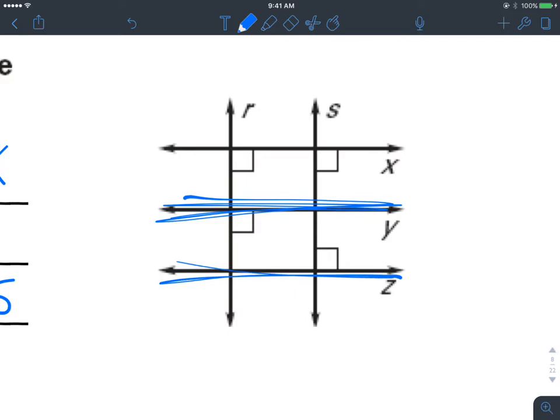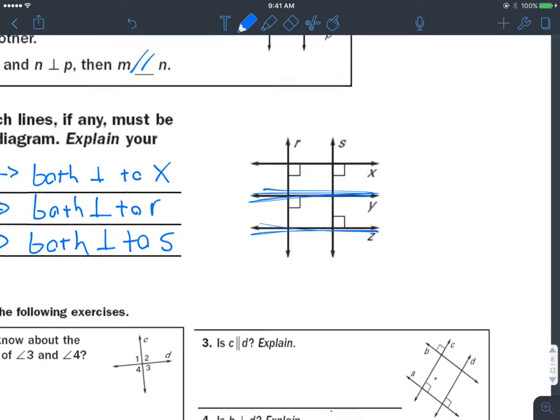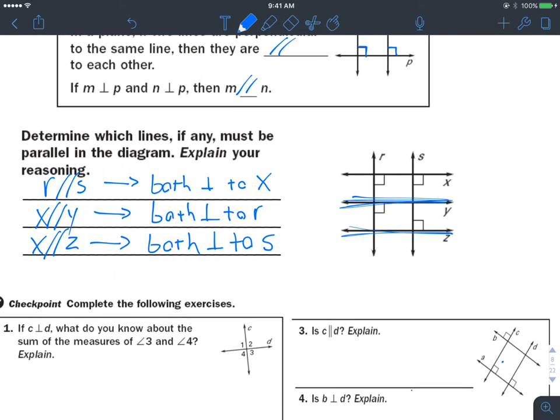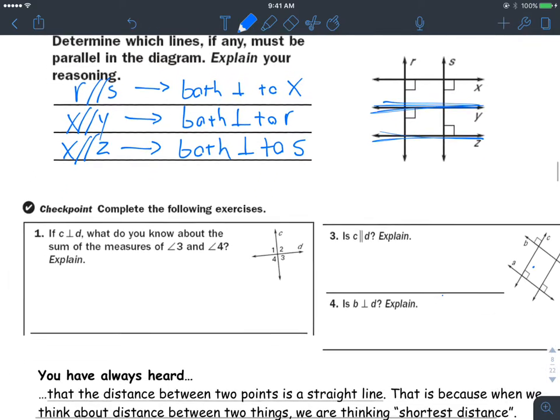You probably could eventually prove that these lines would indeed be parallel, but based off of what we see right now and what's marked, we don't necessarily know for sure that Y is parallel to Z. So you've got to be careful on that. It's just based off of what we see initially in the picture. If you want to write yourself a note, you could write, Y and Z: you could prove that they're parallel, but based off the picture right now, you can't.